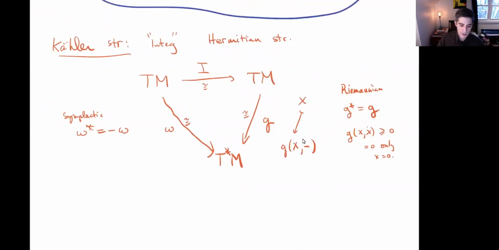Okay, so for a Hermitian structure, what we want is for this diagram to commute. So a Hermitian structure means you have all three. You have a complex structure and a metric.